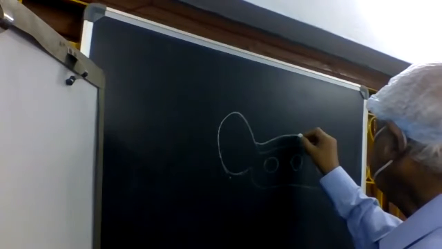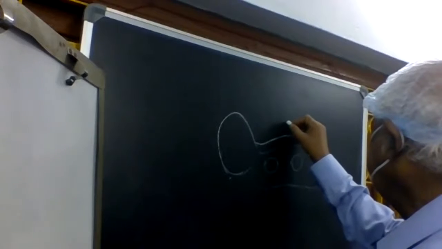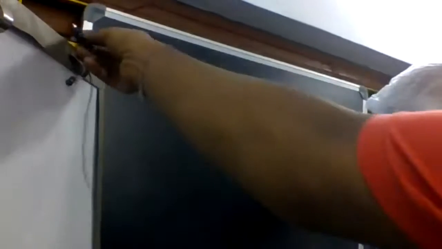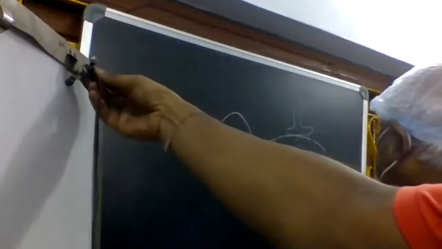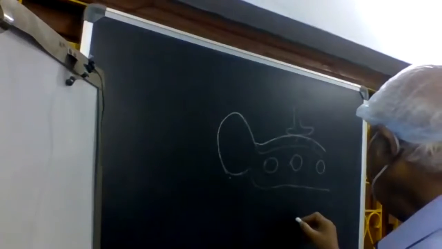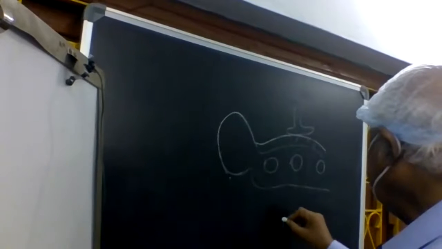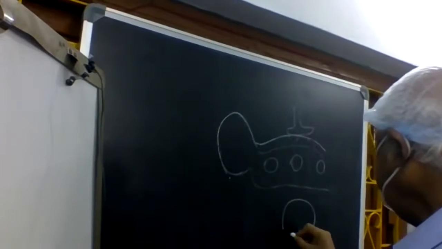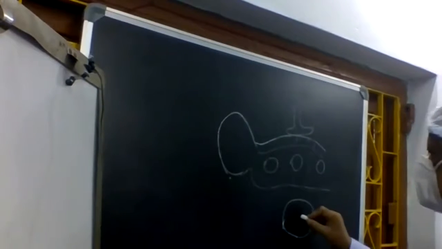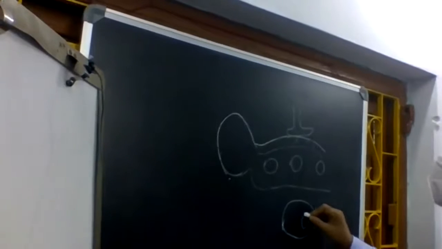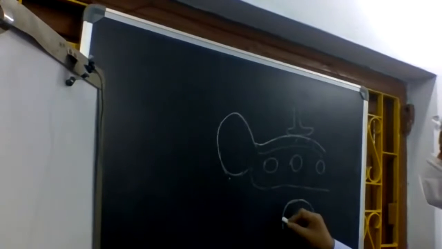First of all, you bring your transducer over the stomach and get the longitudinal section. Then you rotate the transducer 90 degrees, and you get the stomach here as a circle.